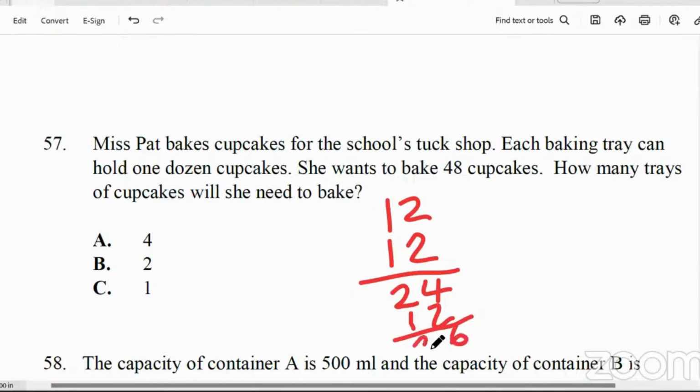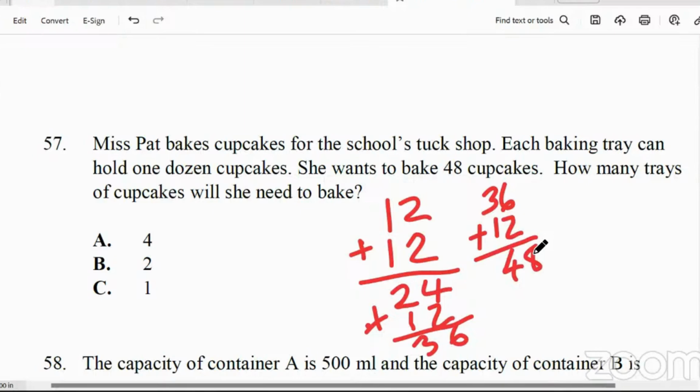We're now at 36. We can also add another 12. So far, we have added 3 12s. Let's do one more. We were at 36, we add another 12, and that gives us 48. So we have 4 12s, so we can do 4 trays.